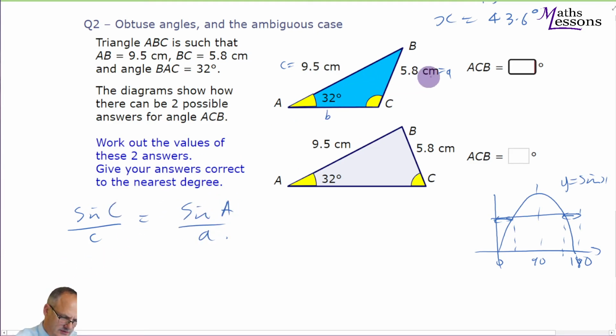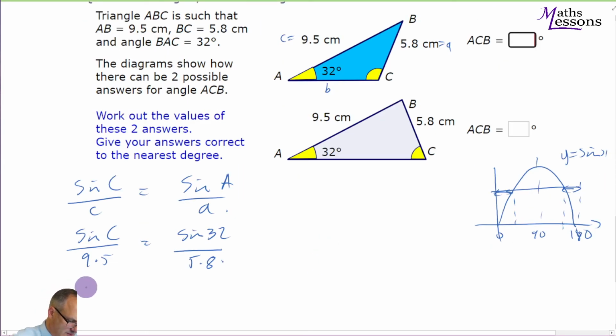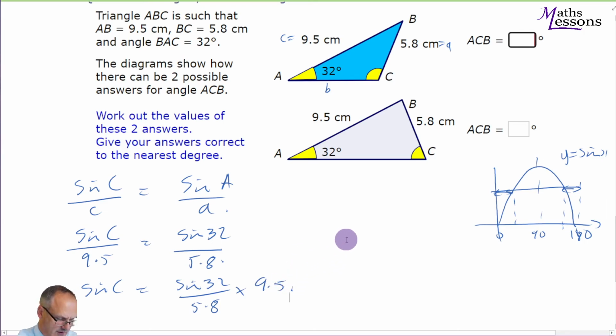We don't know sine c, and we do know little c is 9.5, we do know that A is 32, and we do know that little a is 5.8. So therefore sine c will equal sine of 32 over 5.8 times by 9.5.